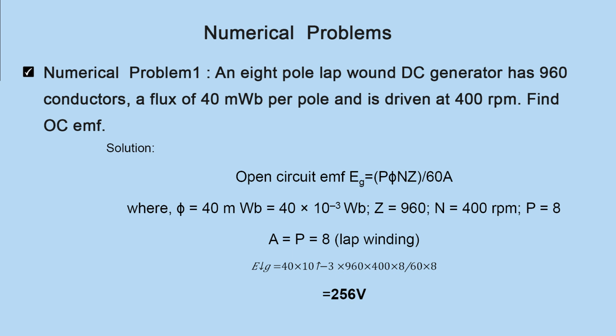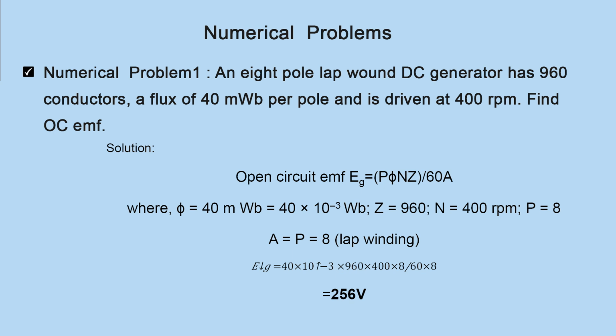Open circuit EMF is nothing but the induced EMF in the DC generator when no load is connected. As we know, the formula of EMF generated is P phi NZ upon 60A. Put the value of flux per pole, number of poles, N and Z, and A, where A means the number of parallel paths.